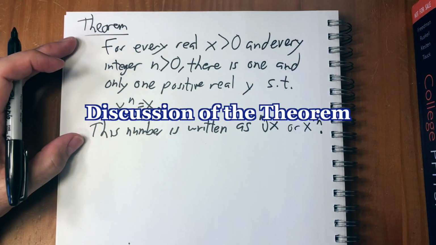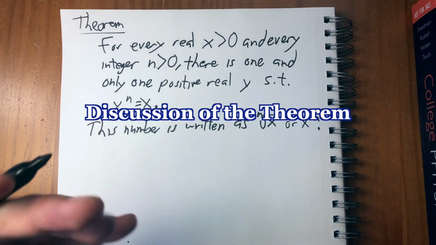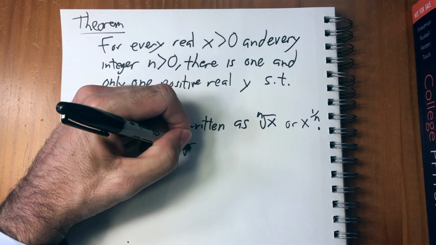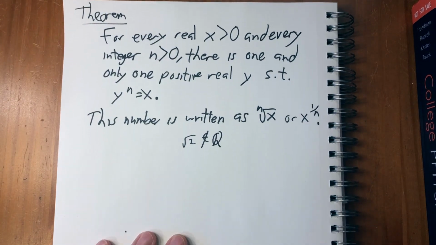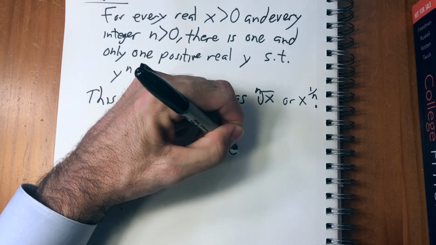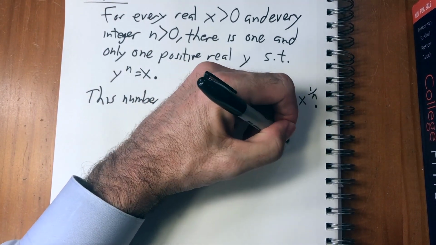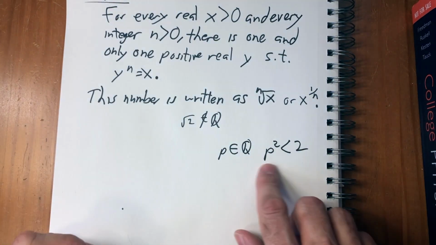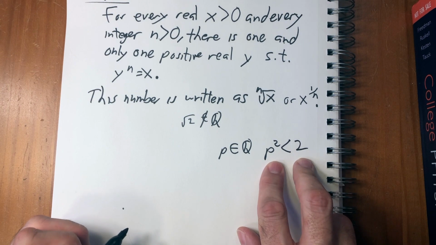The reason this is so interesting is that we started by observing that the square root of 2 is not an element of the rationals, and that for a set such as the p's in the rationals where p squared is less than 2, there is no least upper bound to this set.